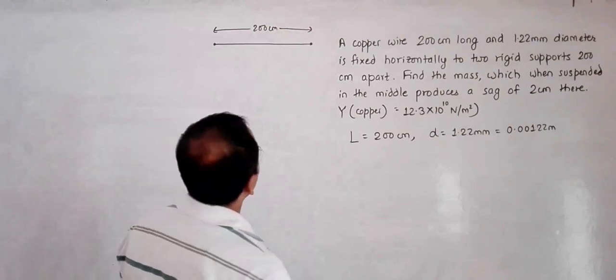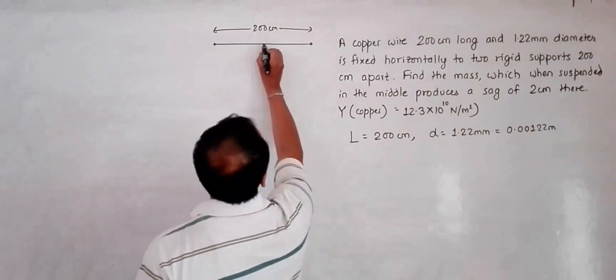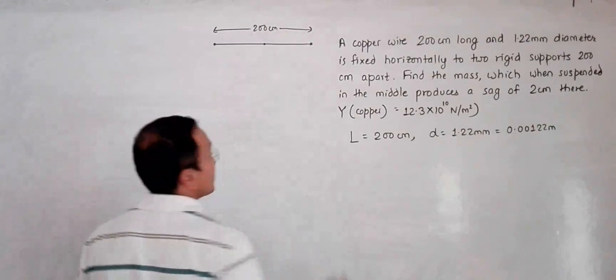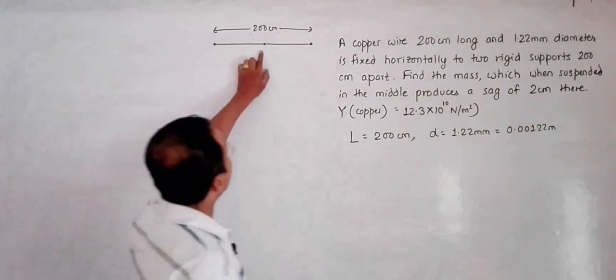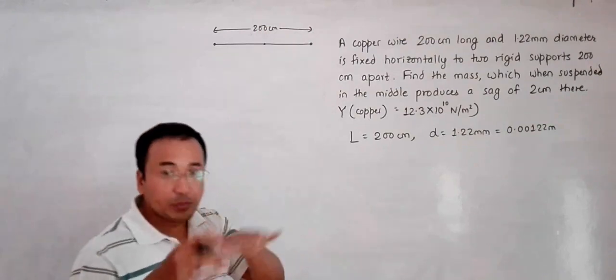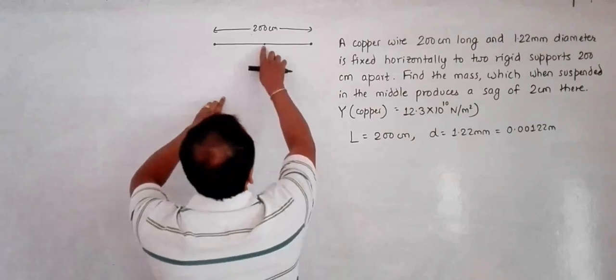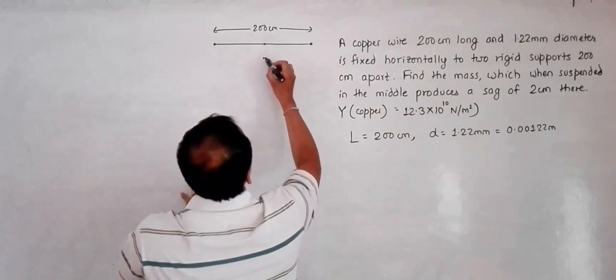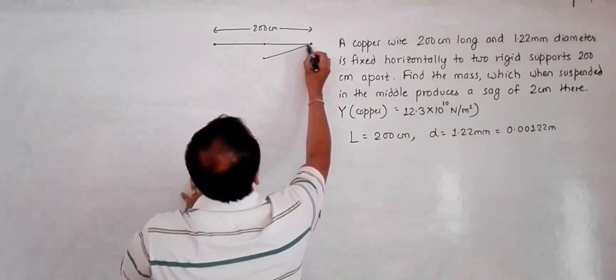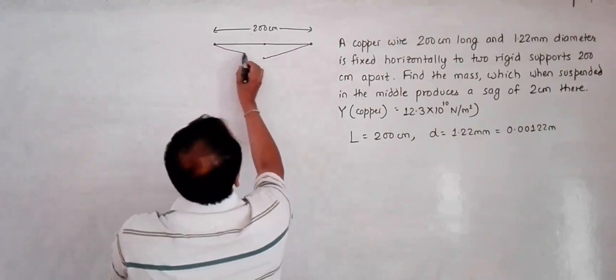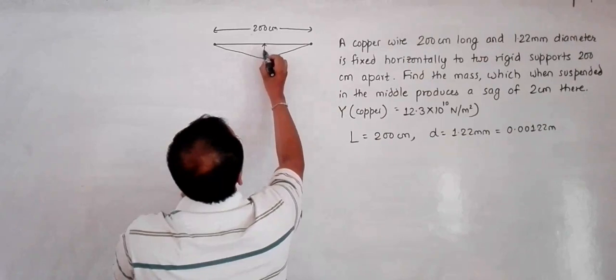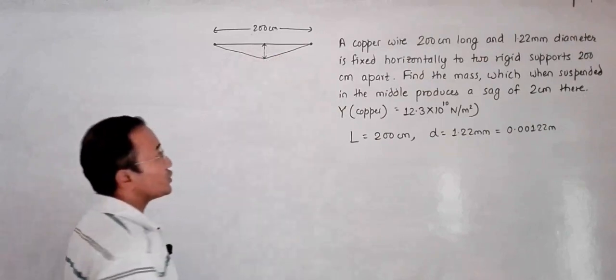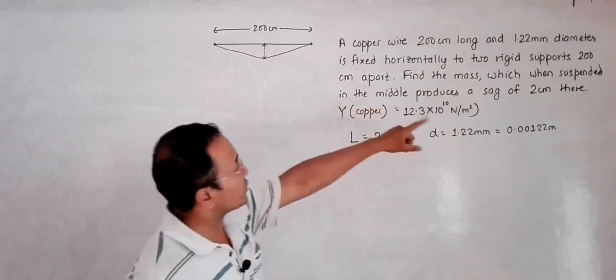Then it says a load is placed here, whose mass we don't know, and this will produce a sag. Sag means a depression. This produces a sag of 2 centimeter in the middle. So that means the string will now be like this, and this thing will be equal to 2 centimeter according to the question.